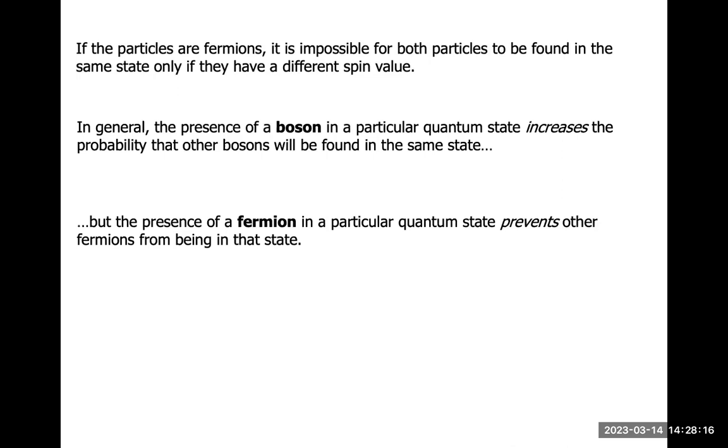Anyway, back to spin. I mentioned to you that there are two types of quantum particles, bosons and fermions. And fermions are like electrons, which do not allow other fermions to occupy the same state. Bosons, on the other hand, don't care. You can have as many bosons in the same state as you want. And one example of bosons is photons. So the electromagnetic wave is a boson.